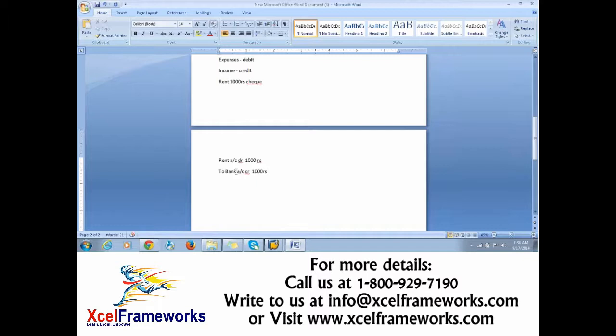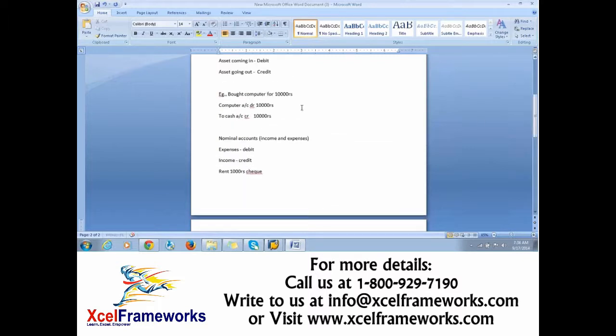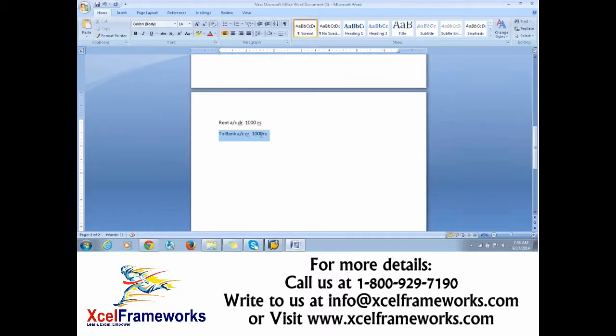Okay. So why is bank account credited? Bank account is what? It is a real account. It is an asset account. So when it comes to assets, when an asset is going out, it has to be credited. You can also put cash here, either cash or bank.